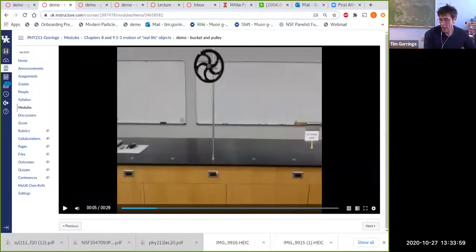Here we are. And what you're seeing is a pulley. Here's the pulley. And I'm going to attach a bucket to that pulley. And we're going to release the bucket and the pulley, just like in the problem. And we're going to watch the acceleration of the bucket towards the bottom of the well.